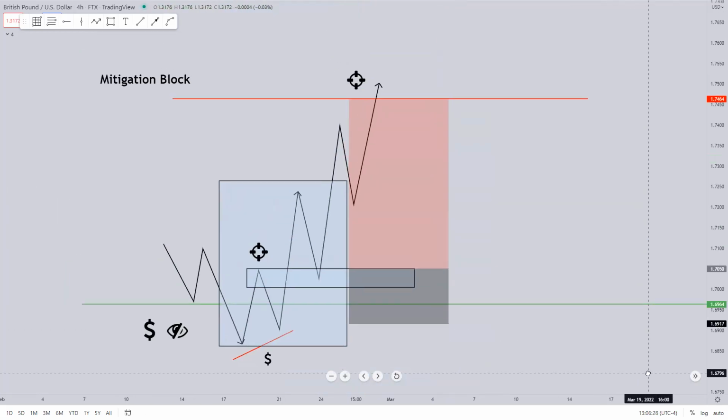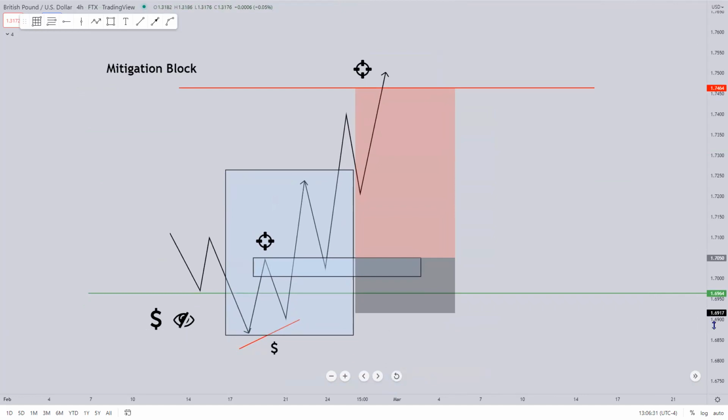All right, and then there's mitigation blocks. Drop a 1 in the chat when you've already taken the screenshot.